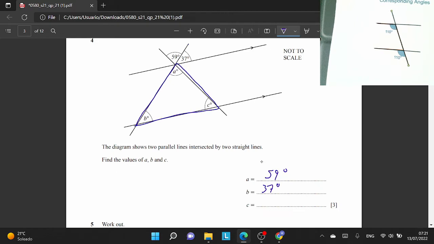Or you can do angles on a straight line and corresponding angles, but since we got 59 here and 37 there, we do 180 minus the other two angles in the triangle, and that gives us 84 degrees.